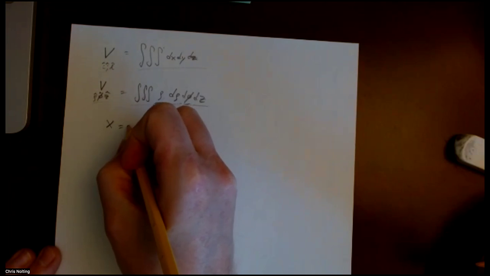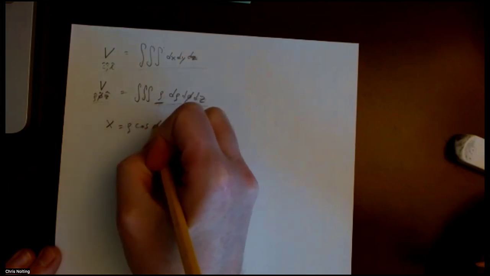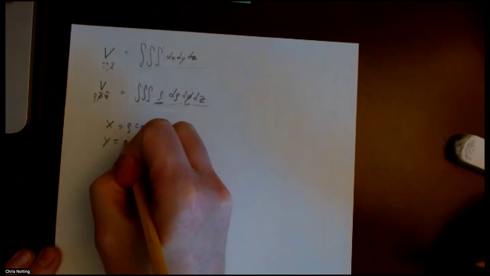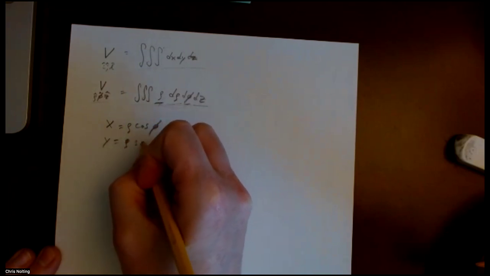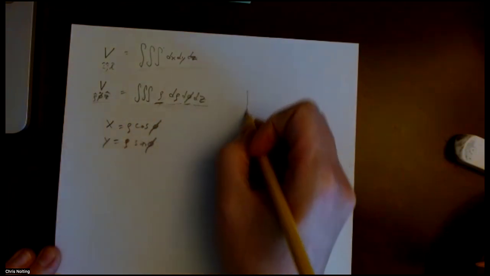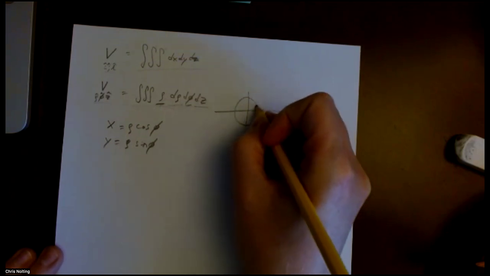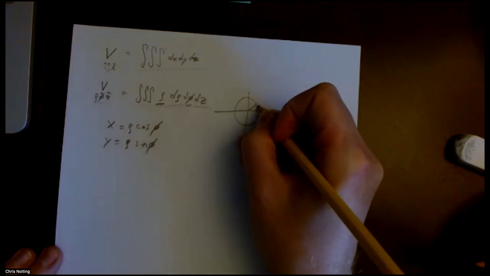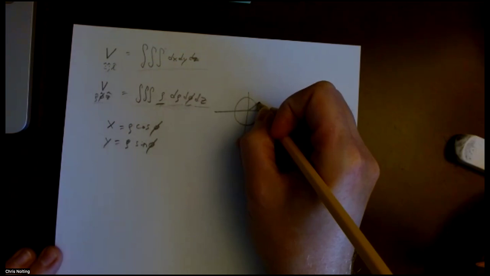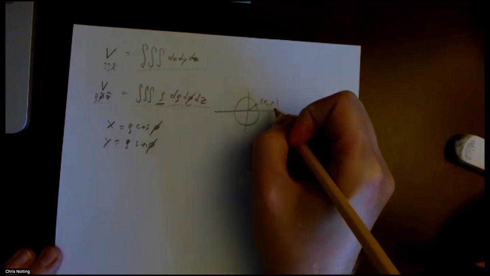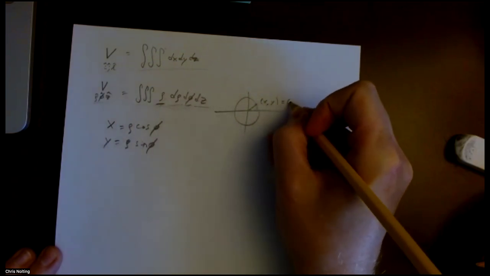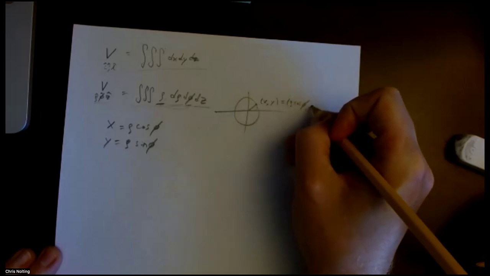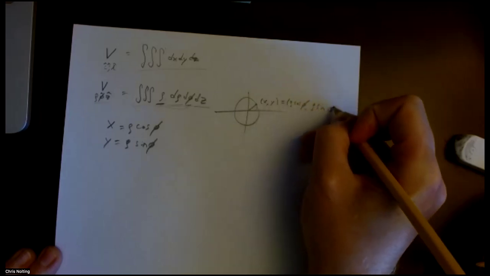So we know x equals rho cosine phi and y equals rho sine phi. Of course, this comes from considering the position here, x and y. X and y also must be equal to rho cosine phi, rho sine phi.